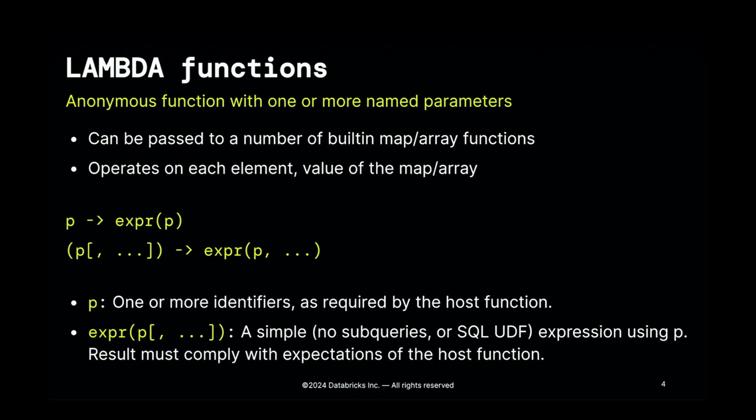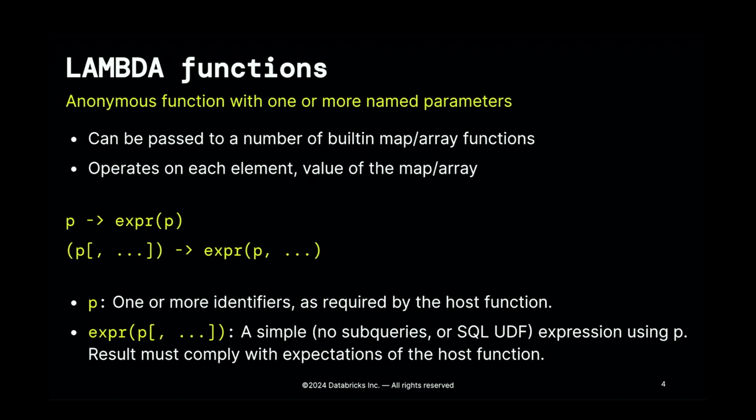These expressions need to be simple. They cannot have subqueries. They cannot have SQL UDFs, which I'm going to bring up later. And the result, of course, must comply with the expectation of the function that is going to use that lambda function.